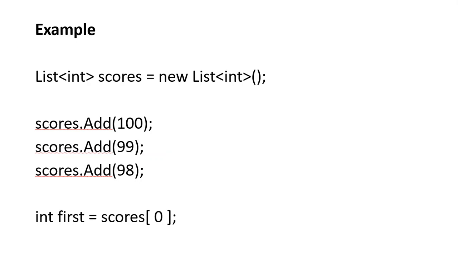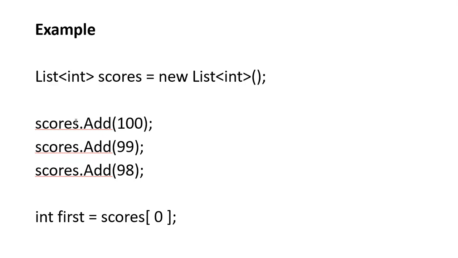What this is doing is we're going to make a list of integers called scores, and we have to allocate it. So we make it point to a new list of type integer, and then we can add 3 integers to it. Now remember, the add function is going to put the thing at the end.